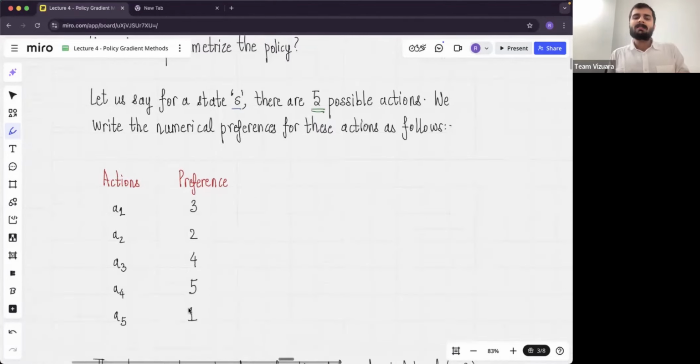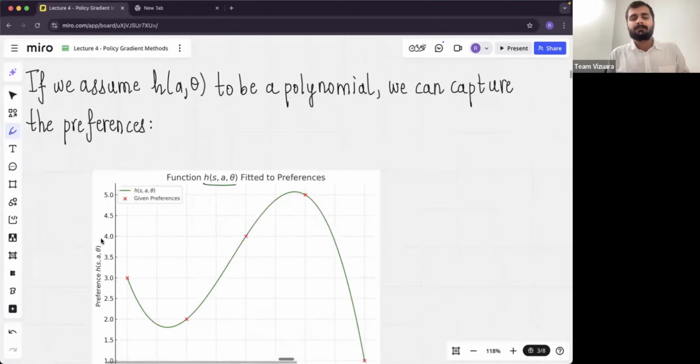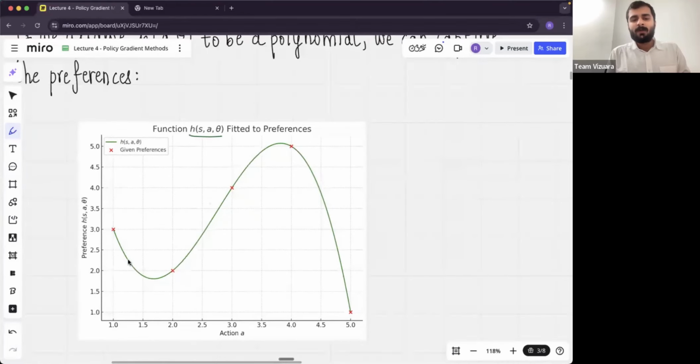So first of all, let's try to capture this through some kind of a polynomial. Let's say we capture it through this polynomial. So you can see that this polynomial perfectly goes through my data. For action 1, the preference is 3. For action 2, the preference is 2. And for action 5, the preference is 1.